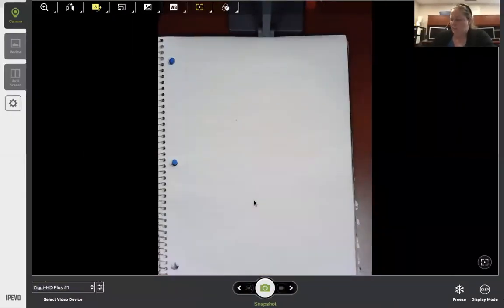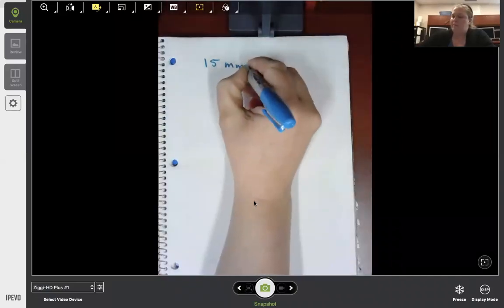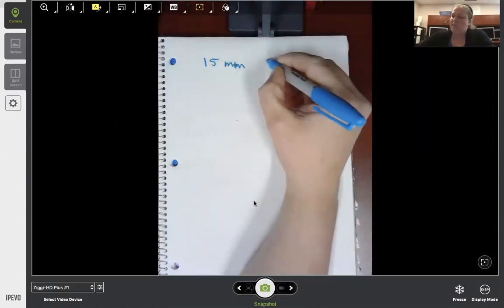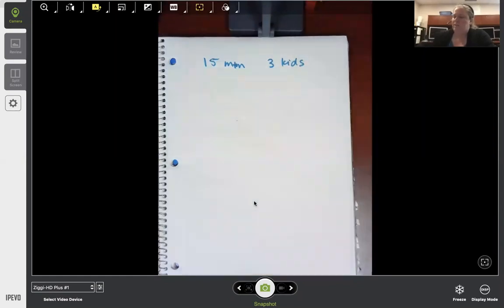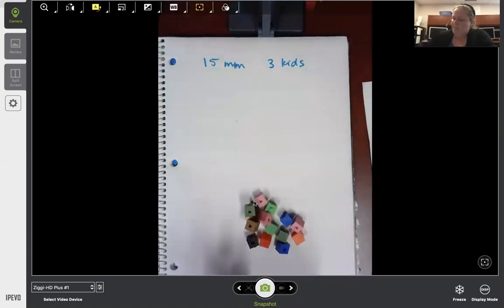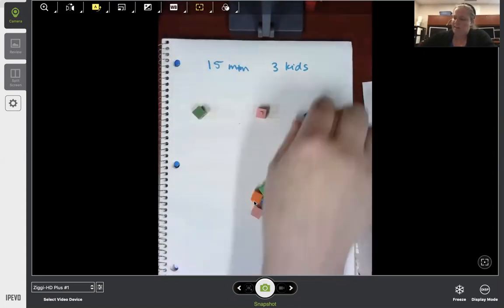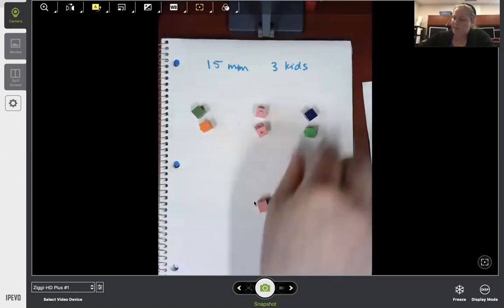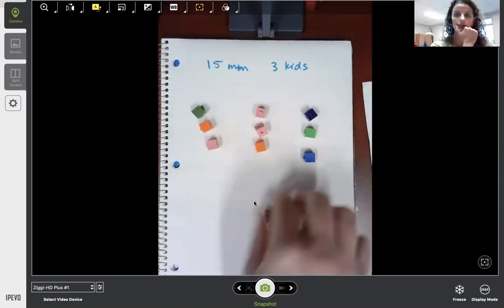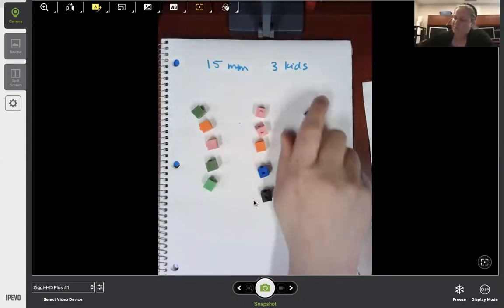So with the questions on the left, like the M&Ms, where you have 15 M&Ms and you want to share them equally with 3 kids, many adults will take those 15, count them out, and fair share them out, and as Linda said, you'll end up creating 3 groups of 5.